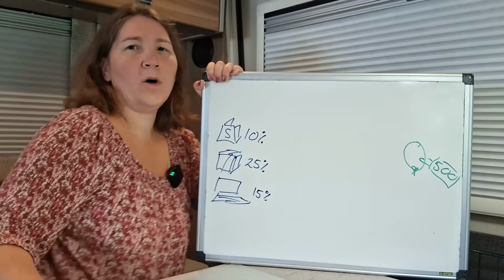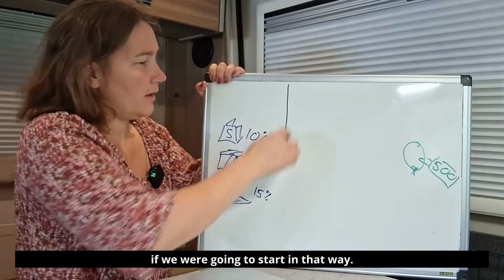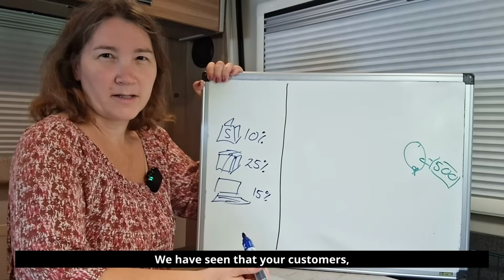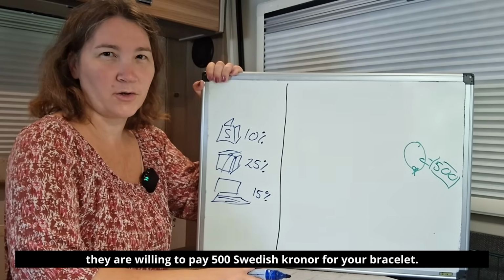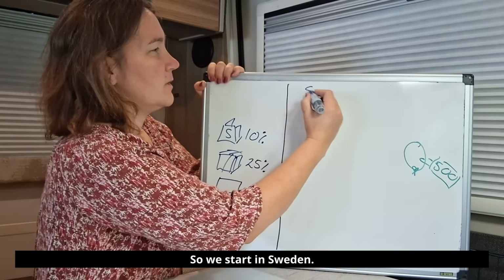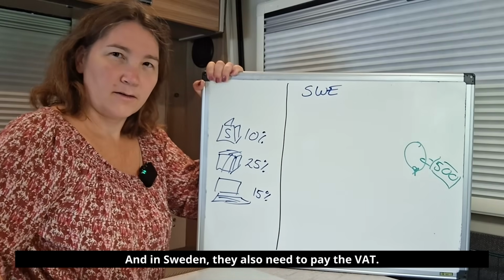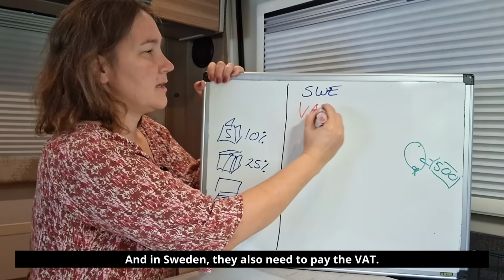So then, what is your income if we were going to start in that way? We have seen that your customers are willing to pay 500 Swedish kronor for your bracelet. So we start in Sweden, and in Sweden they also need to pay the VAT.